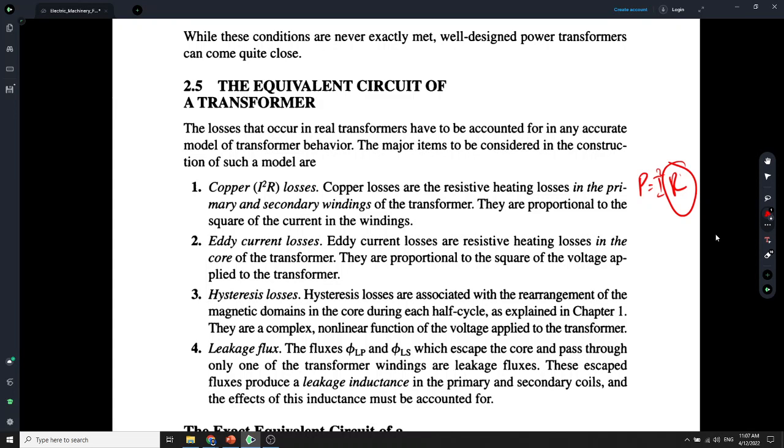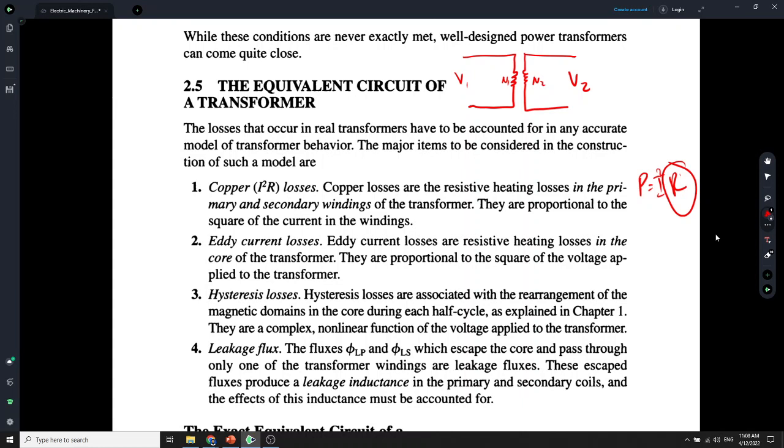This is just a basic transformer equivalent circuit, the ideal one. This is V1, this is V2, this is N1, this is N2. So this is the basic one.